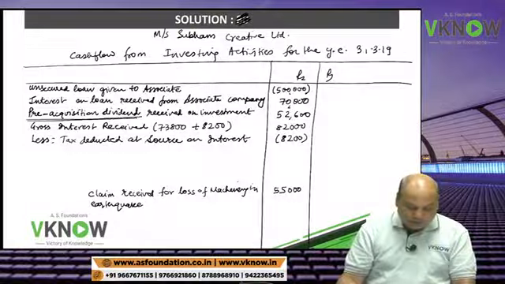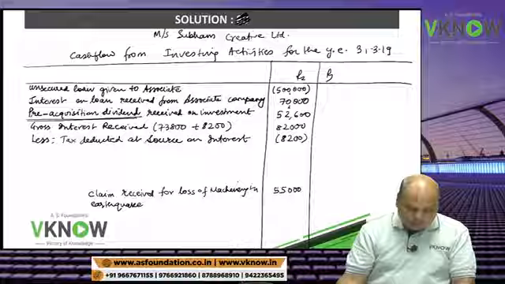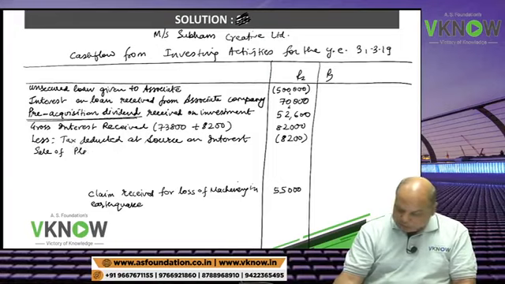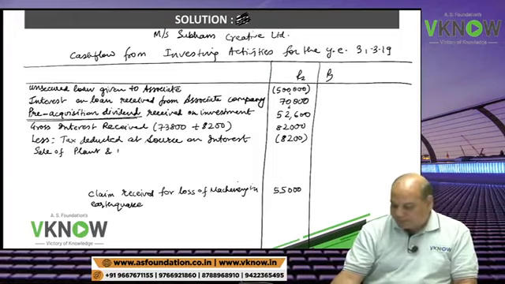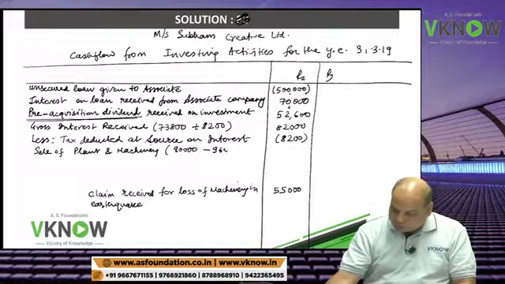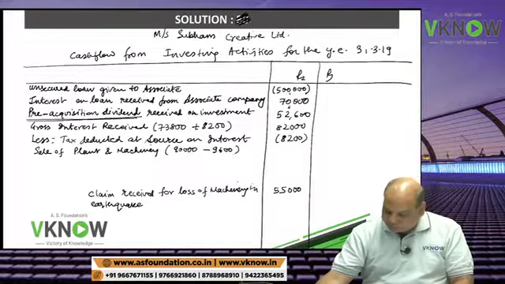Then the last line of the question is plant and machinery sold. Sale of plant and machinery. In bracket write the calculation: 90,000 book value minus loss 9,600, 80,400.